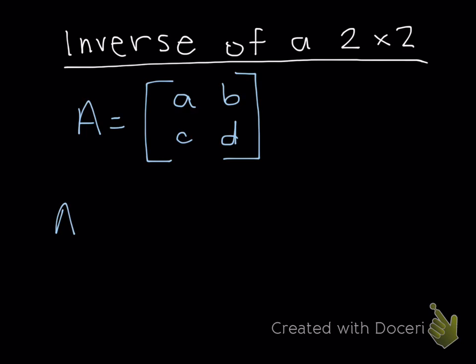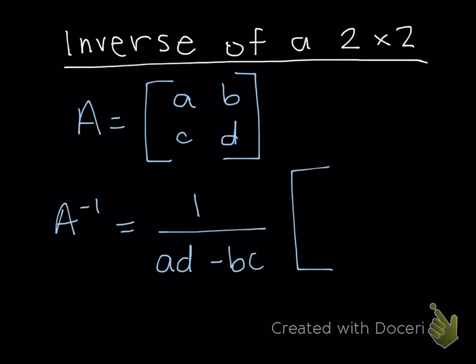If I find the inverse of matrix A, out front we do a fraction of 1 over A times D minus B times C. So notice I'm multiplying on the diagonal. And then within the matrix I scramble it up. So D and A flip-flop on that diagonal. B and C stay where they are, but they become the opposite sign. And that's how you find the inverse of any given matrix.